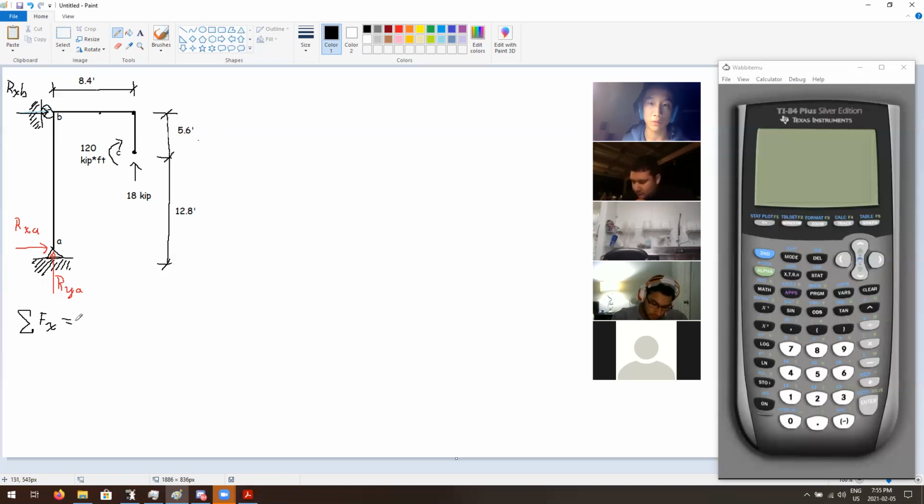Equals. Where's the next force? Right here, R_XA. We're assuming right is positive, so R_XA is going to be positive. Plus, there's another one up here, R_XB, is equal to 0. So, to make this simple, R_XA is equal to negative R_XB.